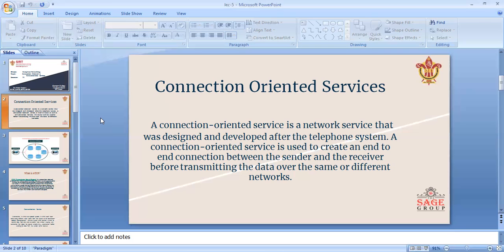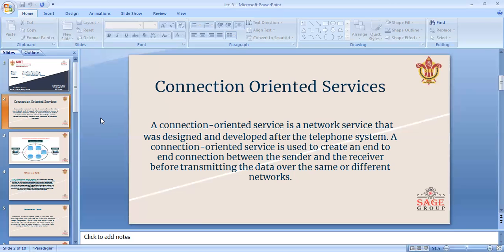It sends a synchronous signal to the receiver requesting a connection, and in response the receiver sends a synchronous acknowledgement back. It is the response message of the receiver. After that, the connection is established between the sender and receiver.